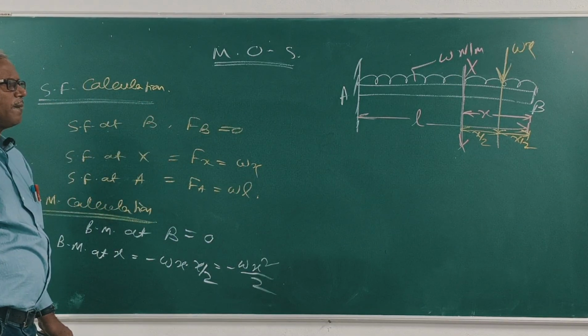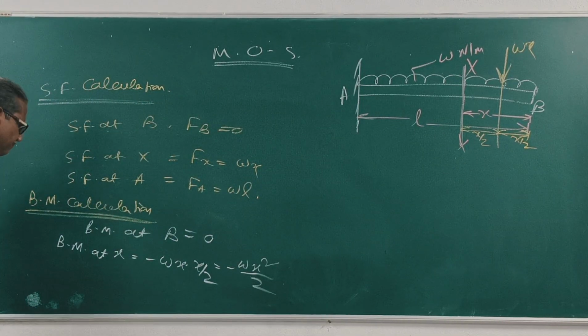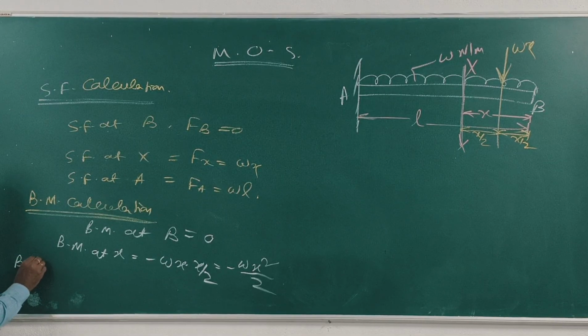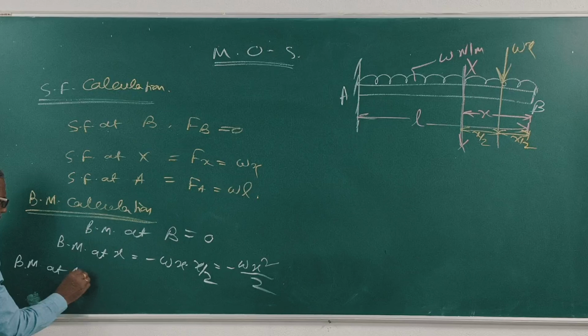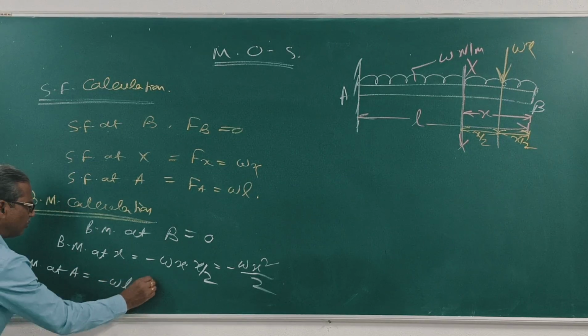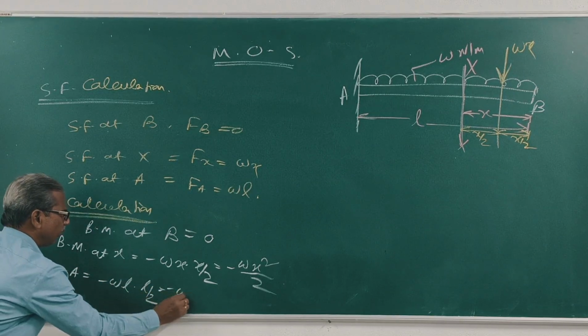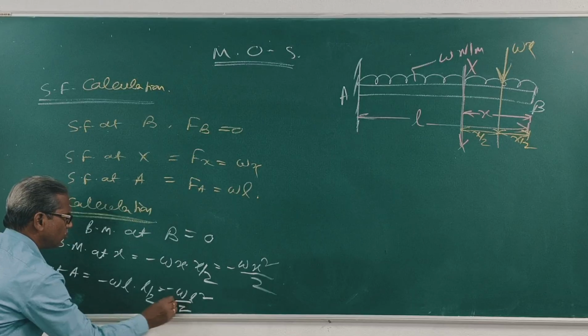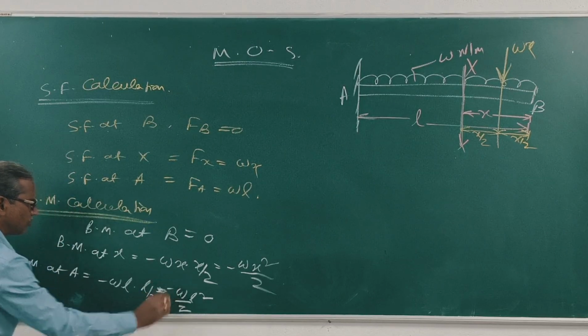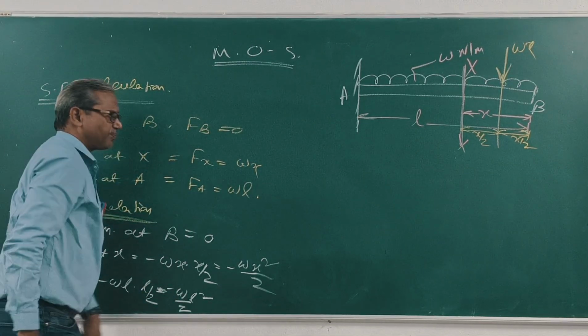Clear? Bending moment at A is minus w L into L by 2, that is minus w L square by 2. Right?